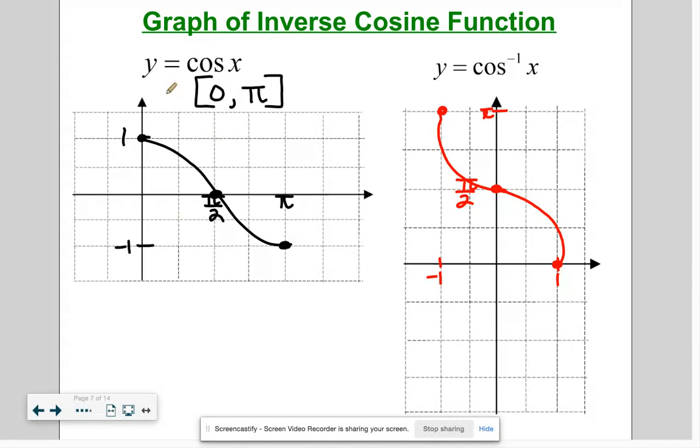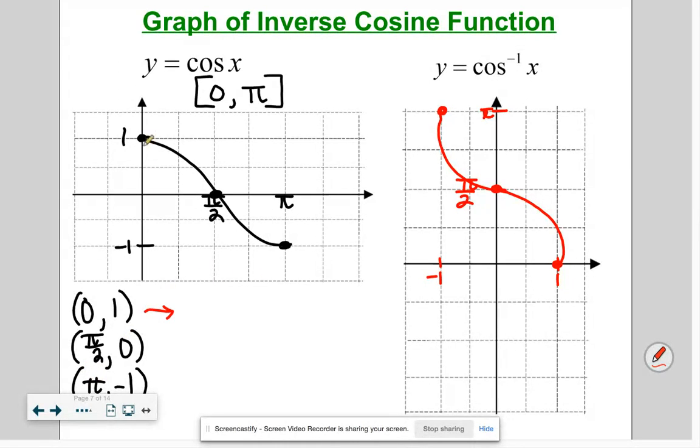So our restricted domain for cosine is going to be, we're just looking from 0 to pi, okay? And then remember that when you are graphing the inverse function, you are taking all of the key points that exist on that cosine wave, and you are going to flip them. So 0, 1 exists on this curve.